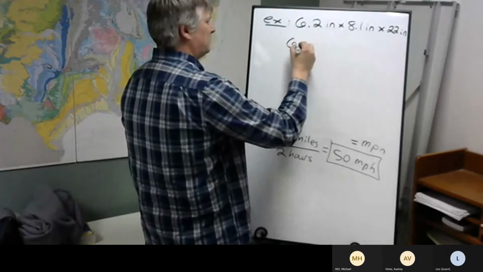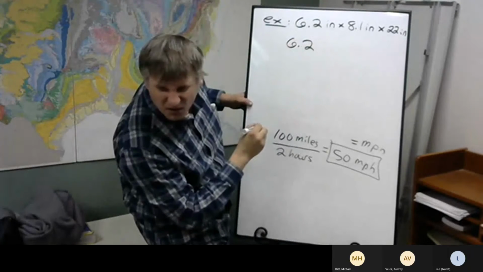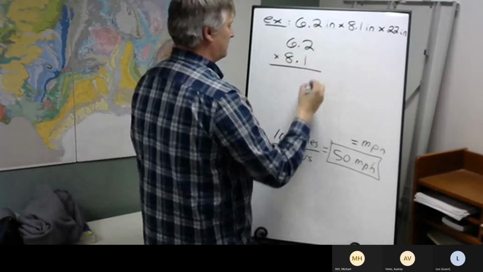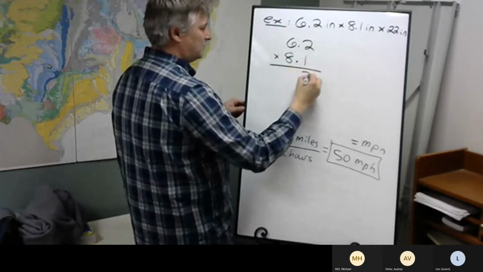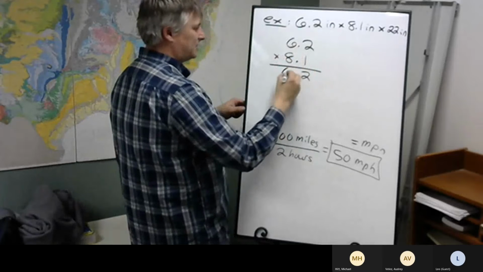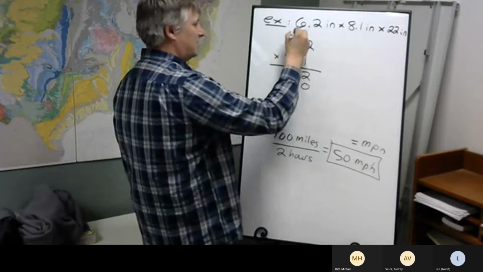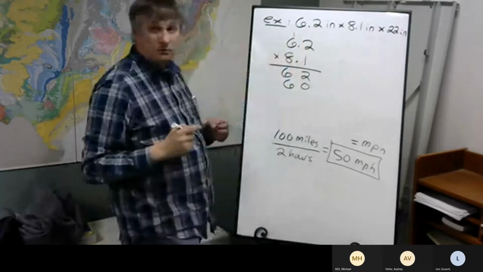So again, 6.2, 8.1. 1 times 2 is 2. 1 times 6 is 6. Bring in 0. 8 times 2 is 16. Carry a 1. 8 times 6 is 48. Plus 1 is 49.